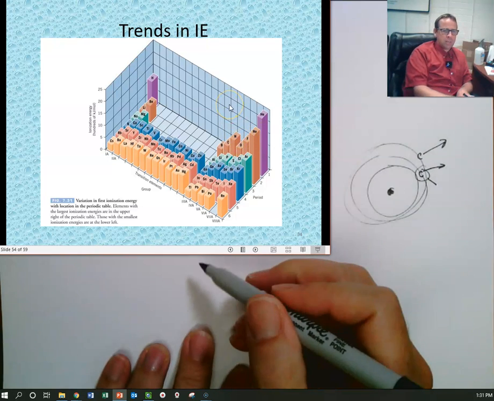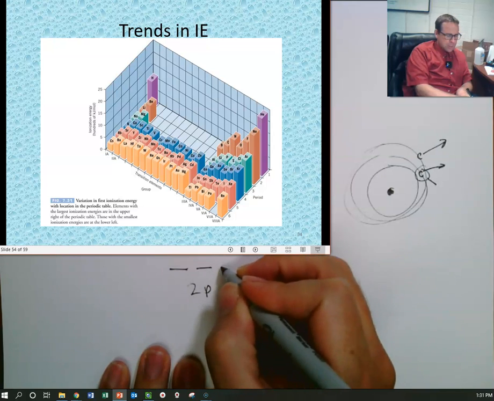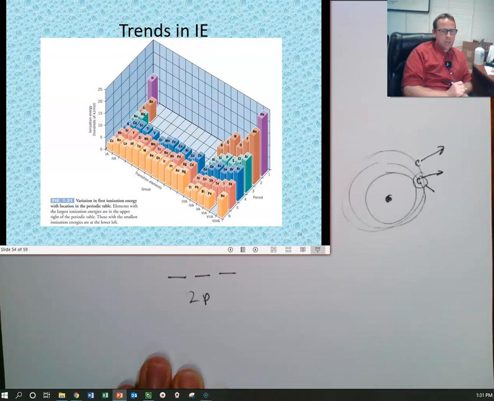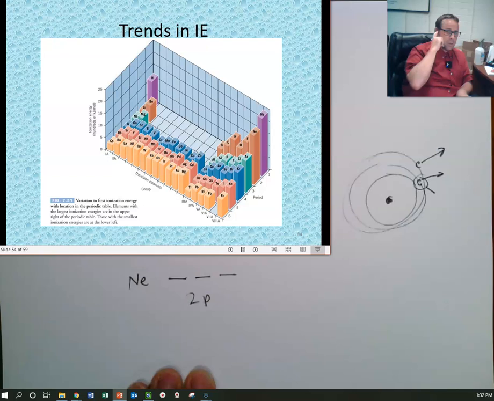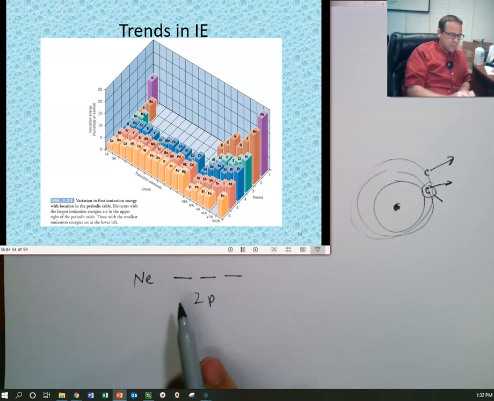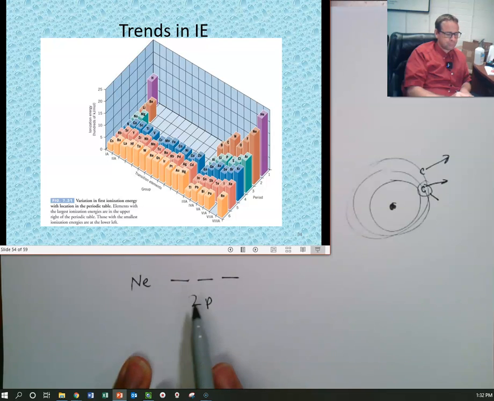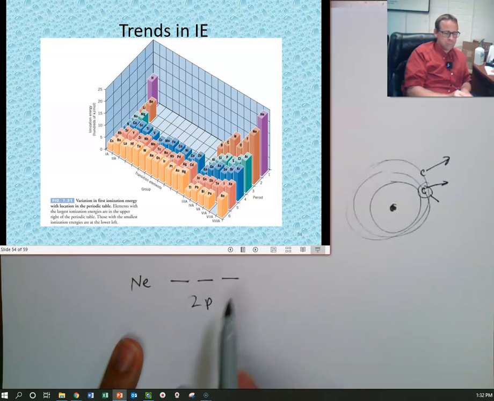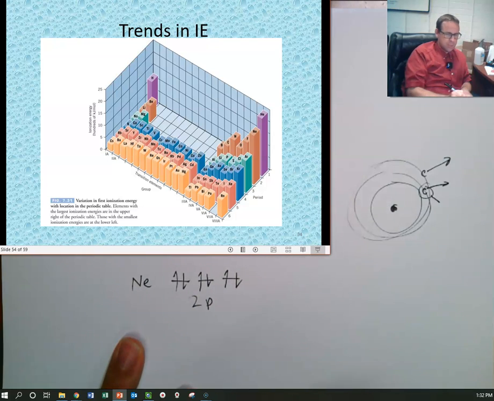That's right, 2p. So the 2p subshell is going to look like this. And if I draw the 2p configuration for neon, how many electrons do I have in the 2p for neon, Katie? 6. 1, 2, 3, 4, 5, 6.